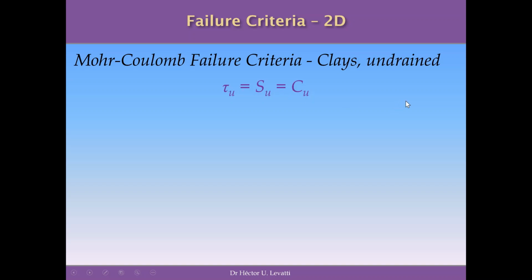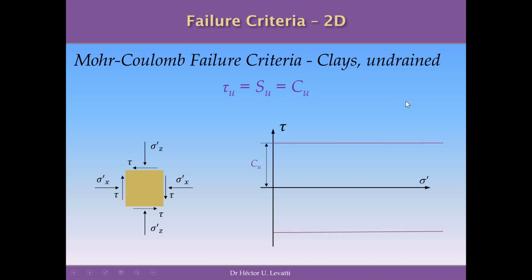So in this case, the equation of our failure criteria is a line, but it's not an inclined line, it's a horizontal line, because we only have as a variable the cohesion or the clay strength. So in our space tau sigma prime, the area where we are safe is like this. You have a set of two horizontal lines that define the limits of our failure criteria.